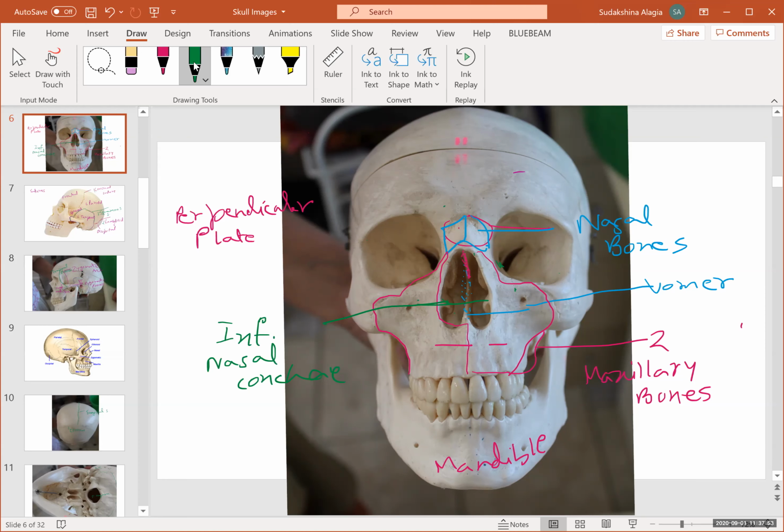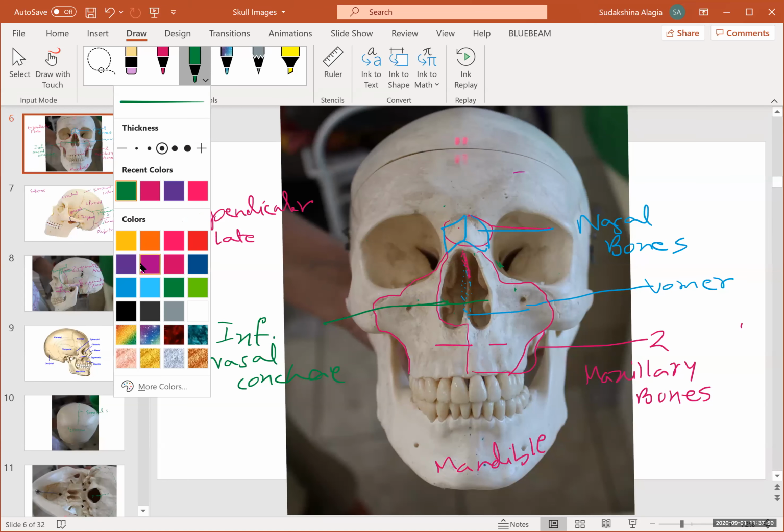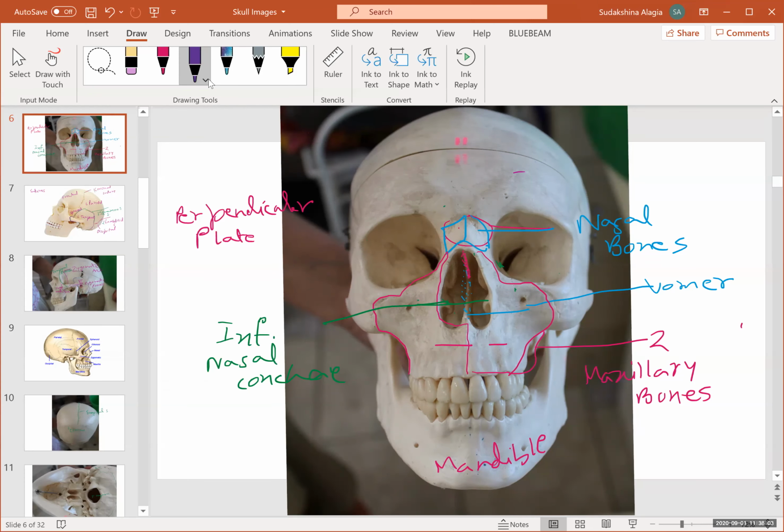What else can we see here? Zygomatic bone. Where are the zygomatic bones? Follow the zygomatic arch. This and this, right there and there.